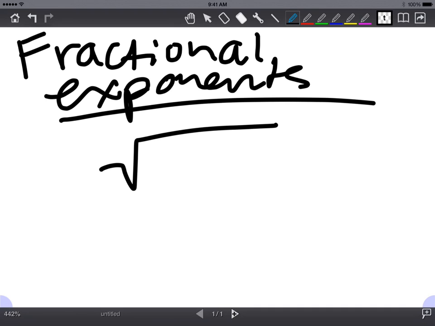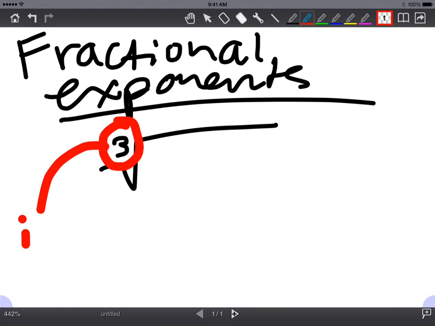So, this is our basic square root sign, and we're getting new vocab terms as we progress into our algebraic adventure. This right here is called the index.